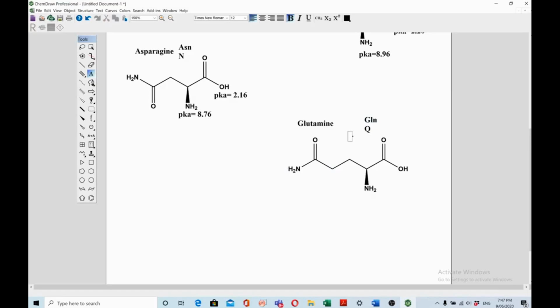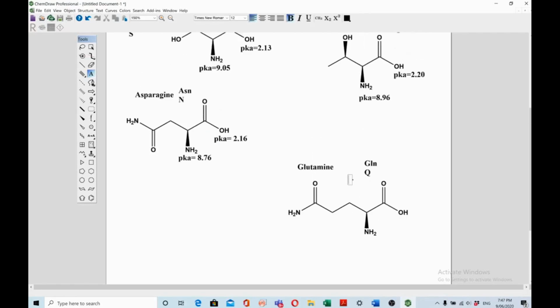And this is a polar uncharged amino acid having an amide functional group on its side chain. Asparagine also had an amide functional group as a side chain. The pKa for this acid is 2.18, to be very precise. The pKa for this amine is 9.00.